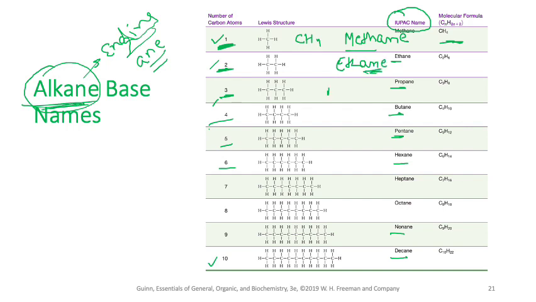If 3 is your prop, propane, right? 4 is your but, butane. 5 is pent, and this is an alkane, pentane. Then we have hexane, heptane, right? Octane, nonane, decane, right? And based on which type of hydrocarbon we are focusing on, the ending word will change.